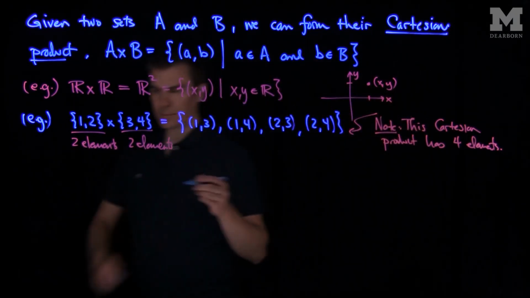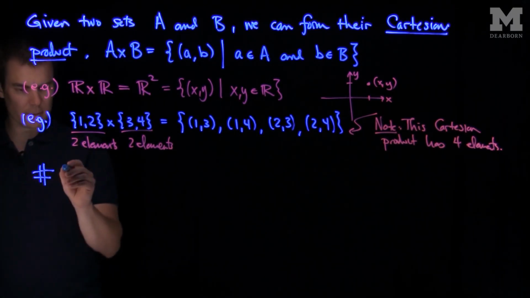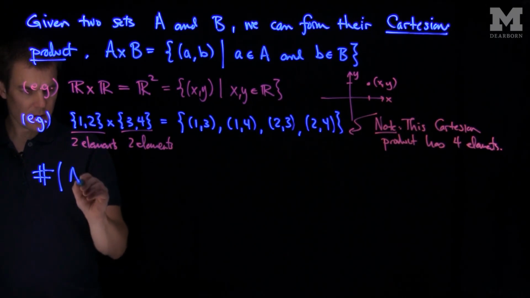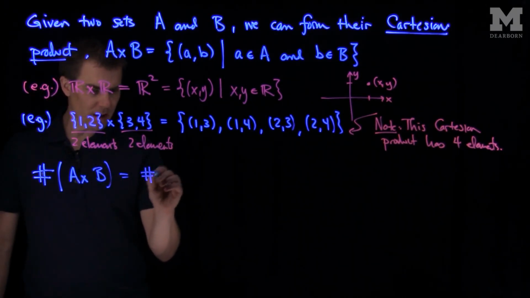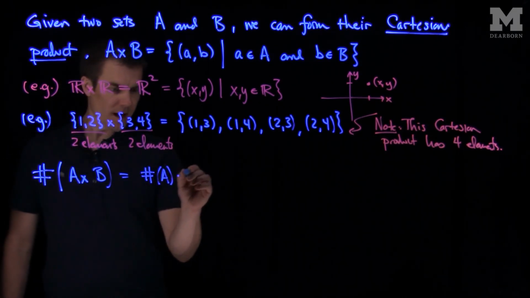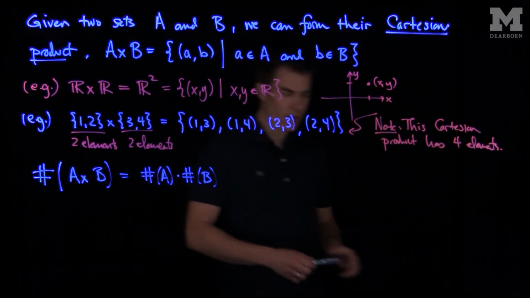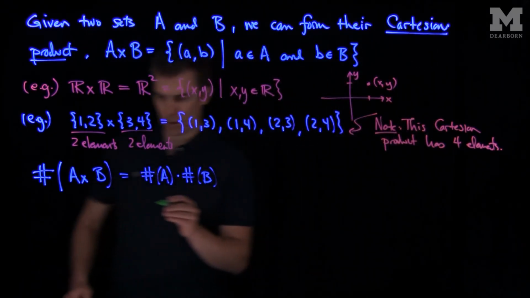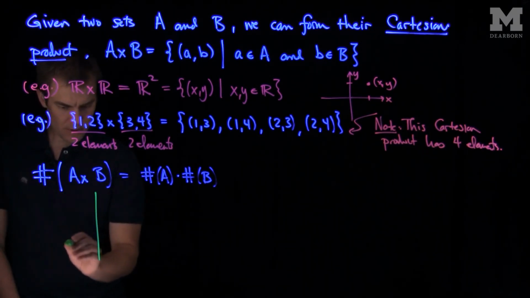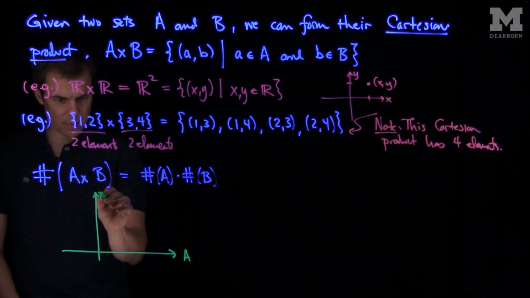So let's state that. The number of elements in A cross B is the number of elements in A times the number of elements in B. And we can prove this by induction, or we can prove this just by visualization. So we can think of this axis over here as my A-axis, and this axis over here as my B-axis.